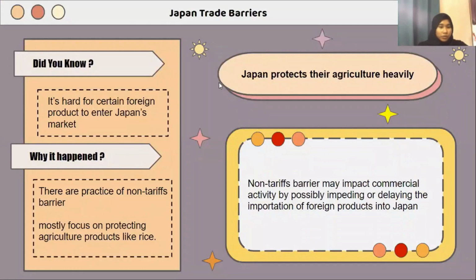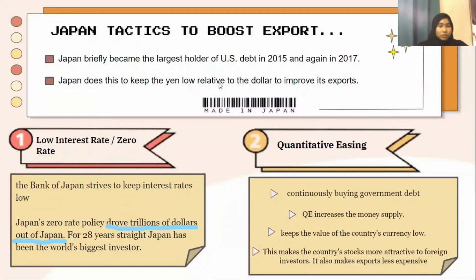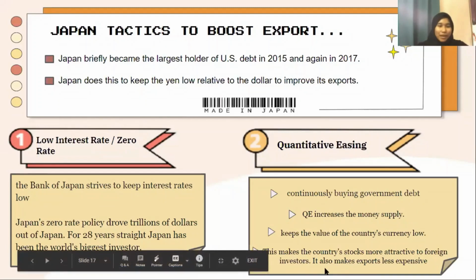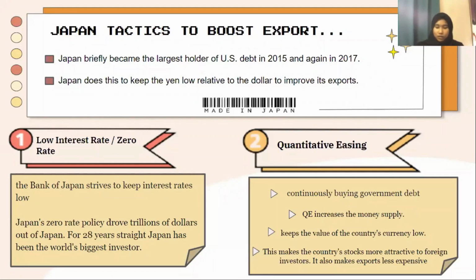Japan's zero rate policy drove trillions of dollars abroad. For 20 years straight, Japan has been the world's biggest investor, and much of this money has gone into stocks, real estate, and bonds from emerging market countries.